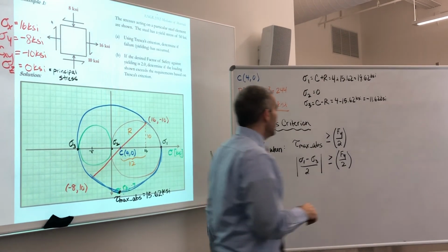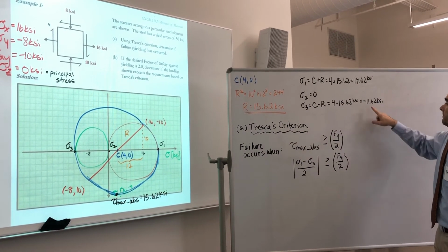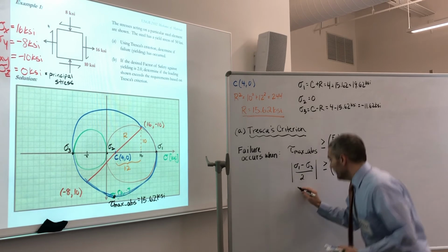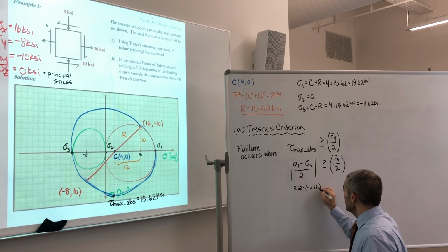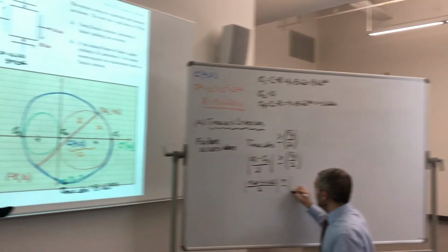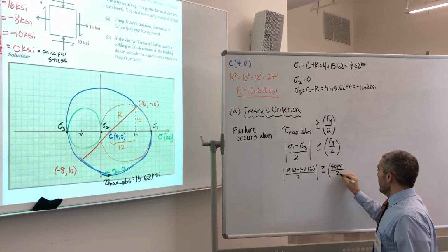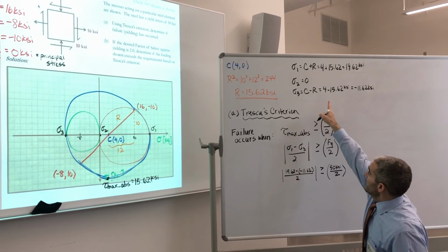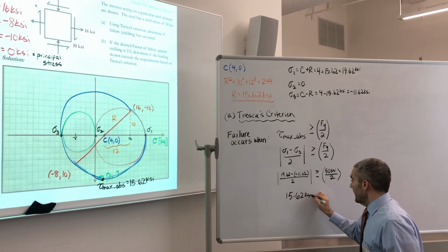All right, so we can go ahead and plug that in. 19.62 minus negative 11.62, over 2, has to be greater than or equal to the yield stress, which in this case was given to us as 50 KSI, divided by 2. So this should give us tau max absolute, 15.62 KSI.